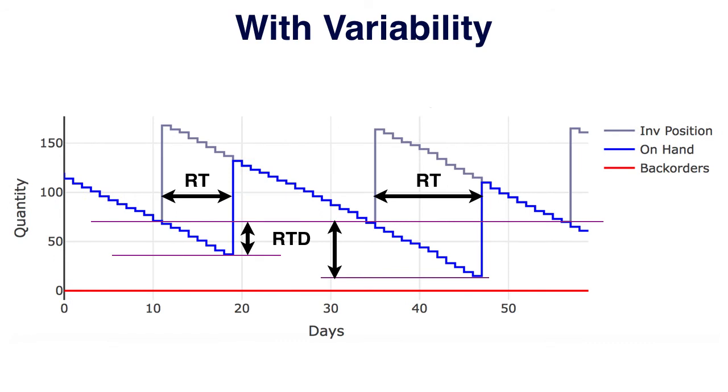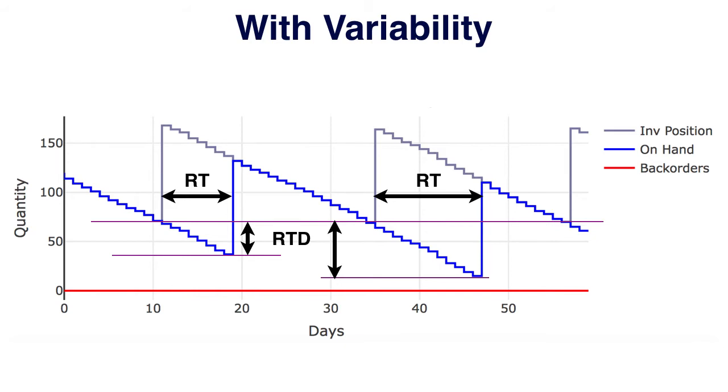where you can see the bottom level of the blue curve in the first cycle is a bit higher than the bottom level of the blue curve on the second cycle. And so this replenishment time demand RTD has a different value on different cycles, and the replenishment time itself, RT, has different values at different cycles, which means it is a statistical variable, and the sawtooth is not exactly uniform and plain.